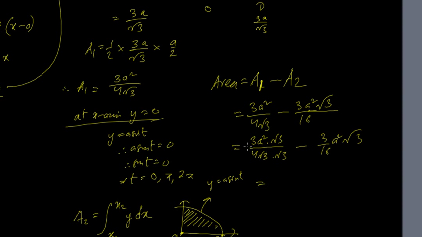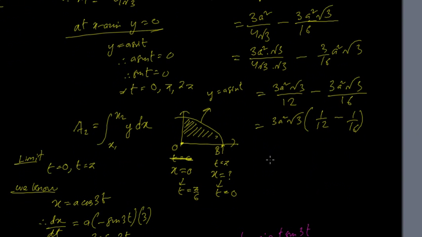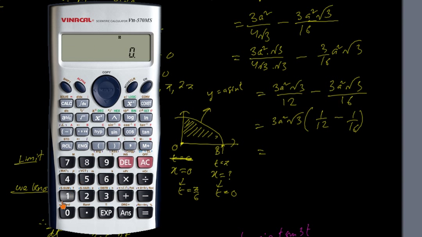So what happens? 3 into root 3 is 3a square root 3. Root 3 into root 3 is 3. 4 3 is 12. So if we take 3a square root 3 common, it will be 1 by 12 minus 1 by 16.